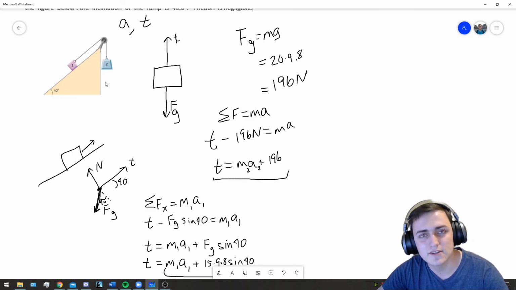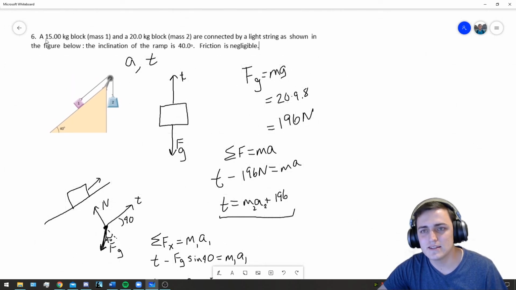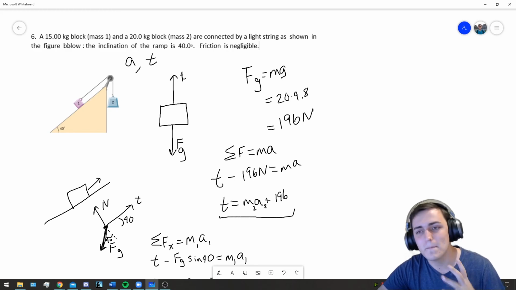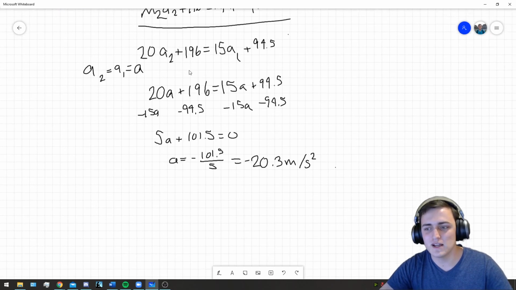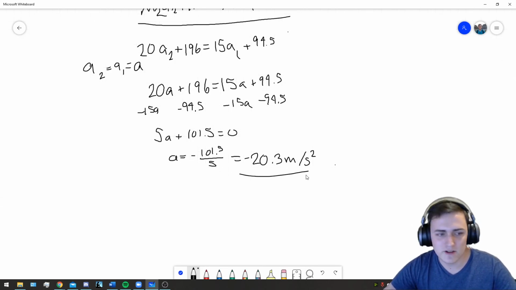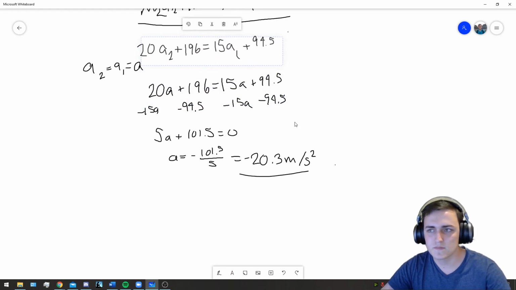Block 2 has to go down. Block 1 is not going to be pulling block 2 up unless it is considerably more mass. And it's actually lighter. Block 2 is going to have a much larger pull, and we see that block 2 goes down. This is its acceleration, and the tension in the string, whoops.